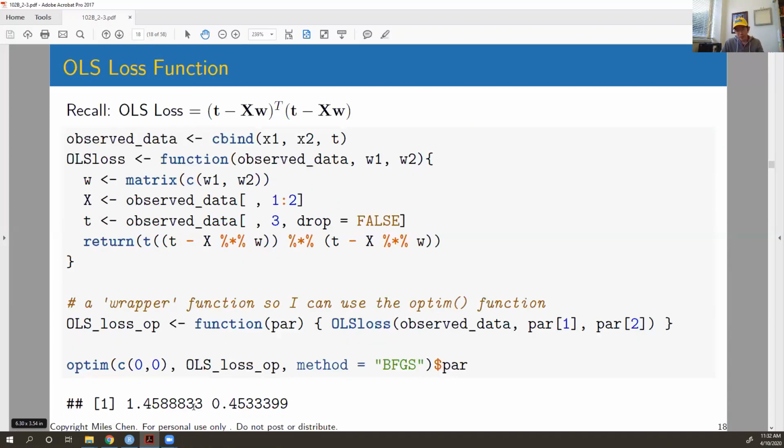It's off by ever so slightly when I use optim. So we're saying optim, please minimize this (t minus xw) transpose (t minus xw) value, and it came to these values. The reason why it's different is because optim is iterative, and it stops when the improvement is less than a certain epsilon. So it stops at something very close. But this is pretty much it.